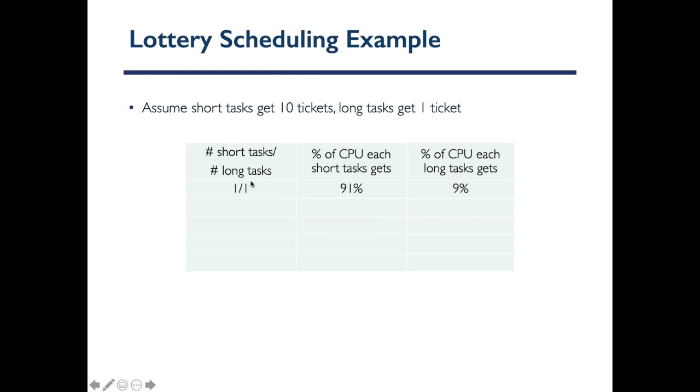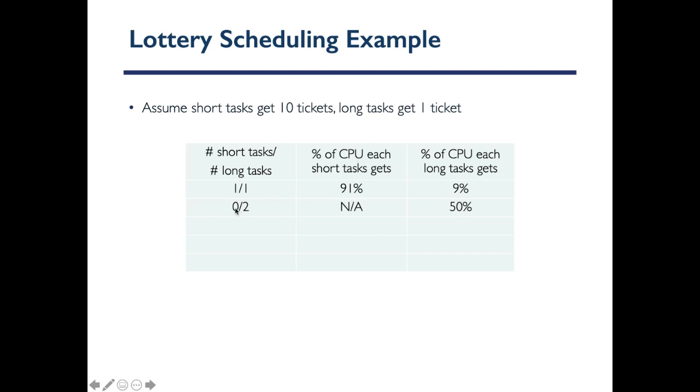So let's say we have one short task and one long task, or the ratio is 1 to 1. In that case, each short task gets 10 divided by 11 of the CPU time, which is almost 91%. And the long task gets 9%. So we sort of achieve what we really wanted, this 10 to 1 ratio.